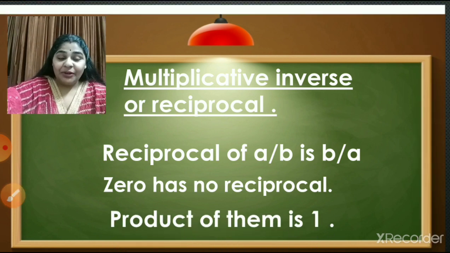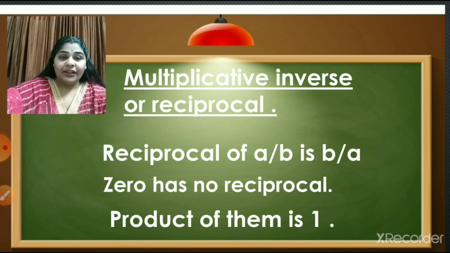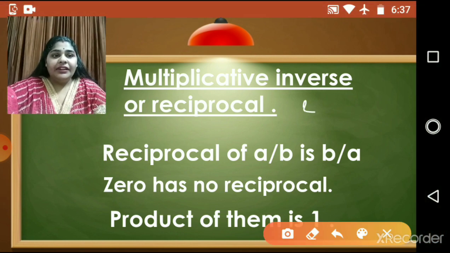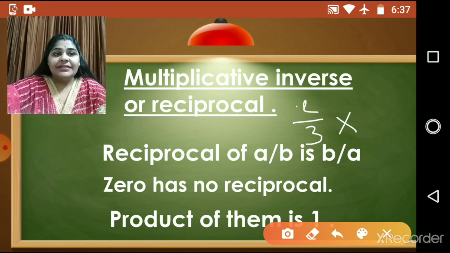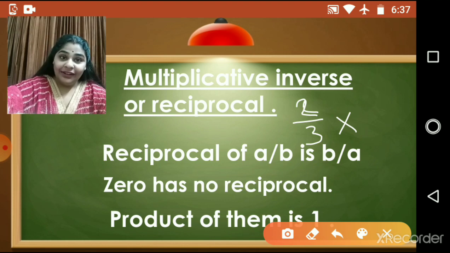And the next important thing is the product of a rational number and its reciprocal is 1. Suppose I take a simple example, I'll show you here. It is 2 upon 3 multiplied by its reciprocal. Reciprocal is what? Again we interchange the numerator and denominator.